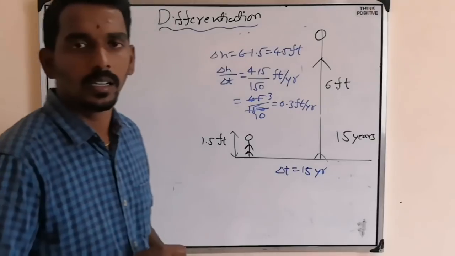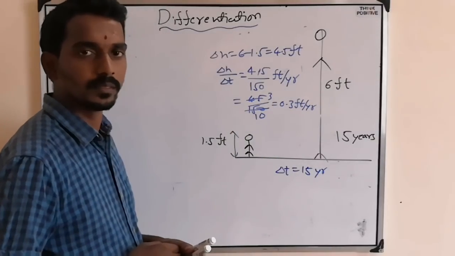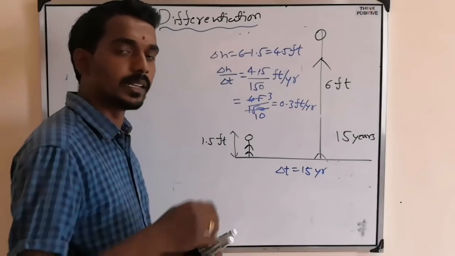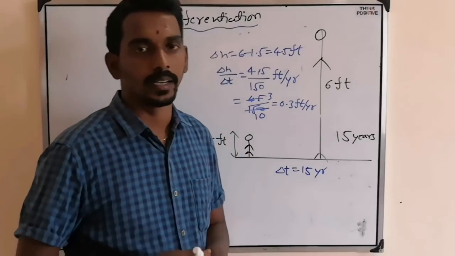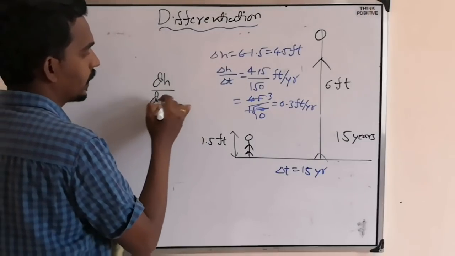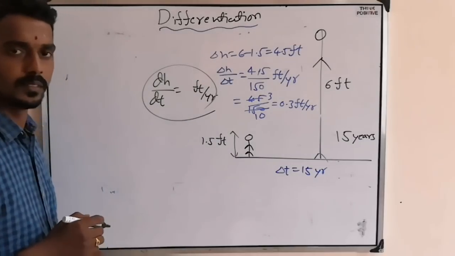So suppose in the year 2015, your growth rate is called instantaneous. Then you can write it as dH by dt, something foot per year in that year.